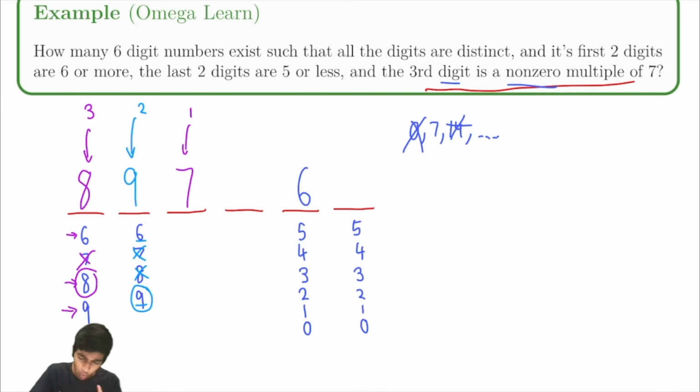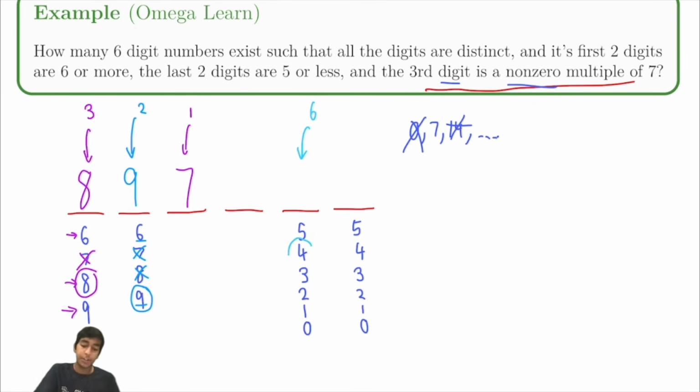But you might be thinking, what if it's the same as another digit? What if not all the digits are distinct? Well, this digit is from 0 to 5, and all the digits we've chosen so far have been 6 or more. So there's no way we're going to be choosing a number that was already chosen. So we've got 6 choices over here.